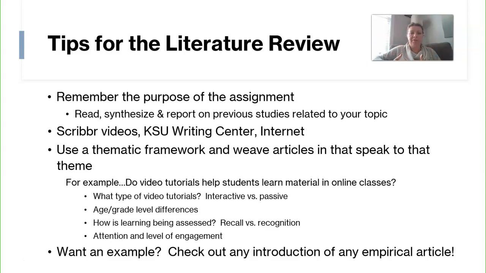I did post a link to some Scribbr videos, I think there's like 7. Once you're in there, look at the top because there are tabs with different steps of the literature review. They're not 100% related to everything in our class, but I think she does a really good job explaining what a literature review is and how best to approach it.